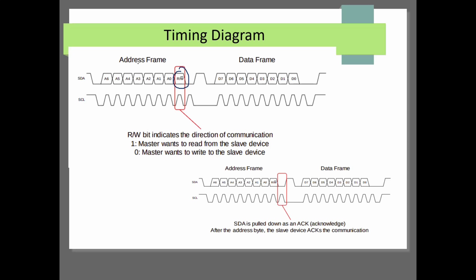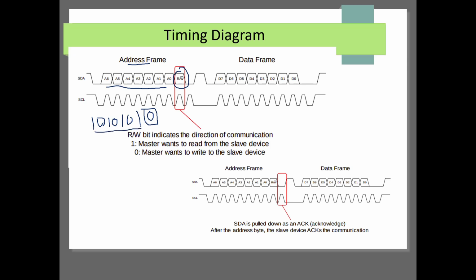See the frame address, A6, A5, so it is a 7-bit address. The most significant bit is communicated first, every time. Suppose you are sending 10, 101, and then 0. This 0 indicates the write operation. These 7 bits are the address.